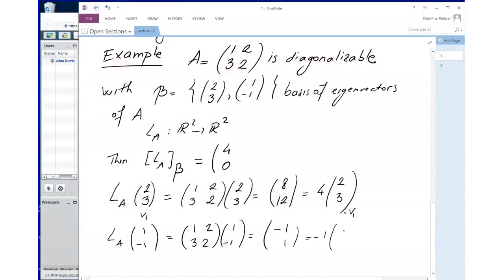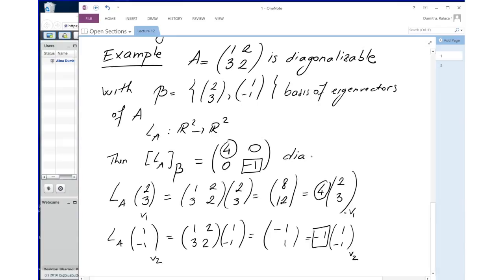So -1 times the original vector. So L sub A of V2 is -1 times V2, which makes this column here. So pretty much we got a diagonal matrix with lambda 1 equal to 4 and lambda 2 equal to -1, right? Those would be the eigenvalues of the matrix A or of the transformation L sub A. It is the same thing.